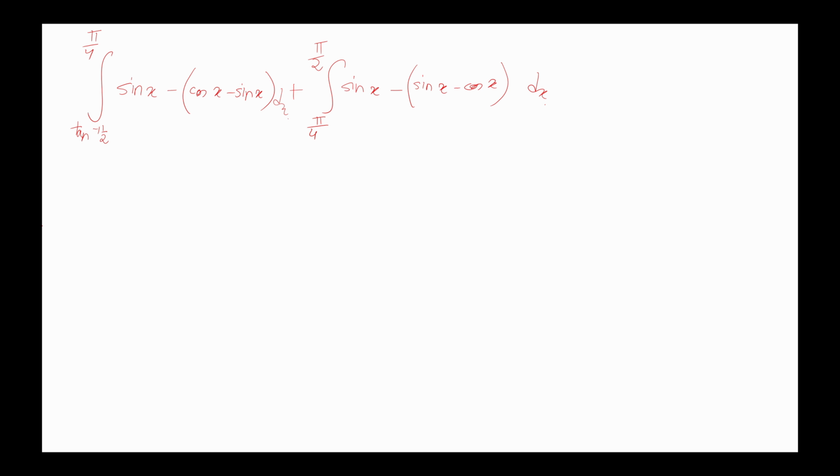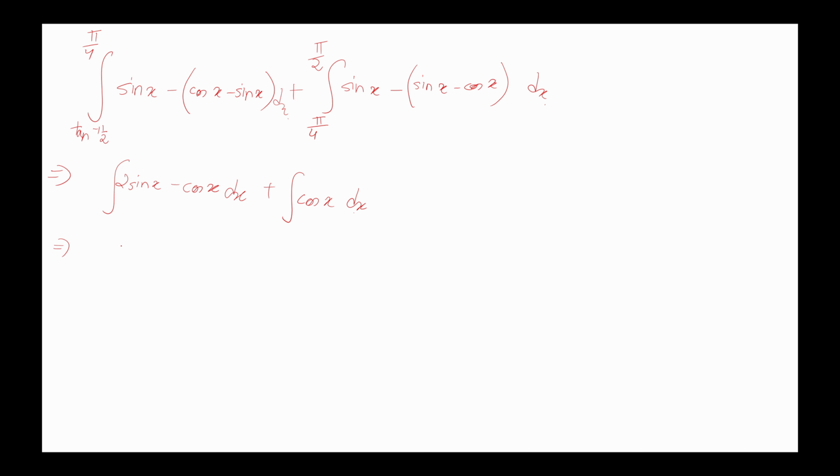So now let us solve this entire equation. What do we get? From here, of course, you all can see this would become 2 sin x minus cos x. So we would be left with the integral of 2 sin x minus cos x dx, plus here we would have the integral of sin x, and sin x would cancel out, and here we would be left with cos x dx.